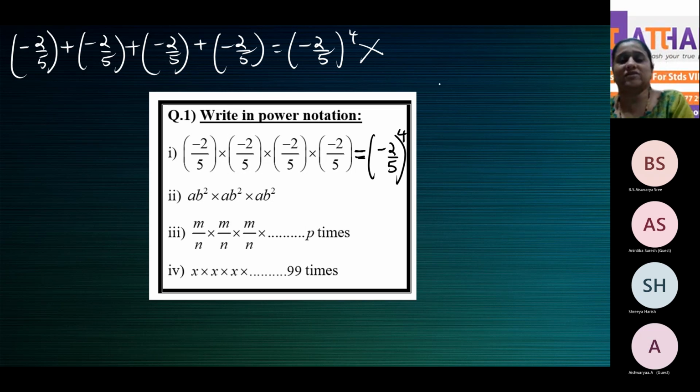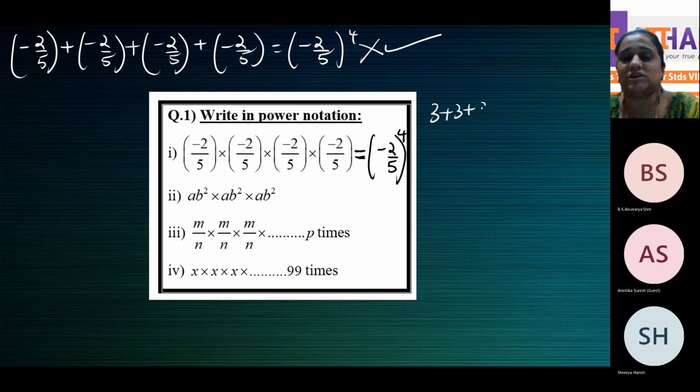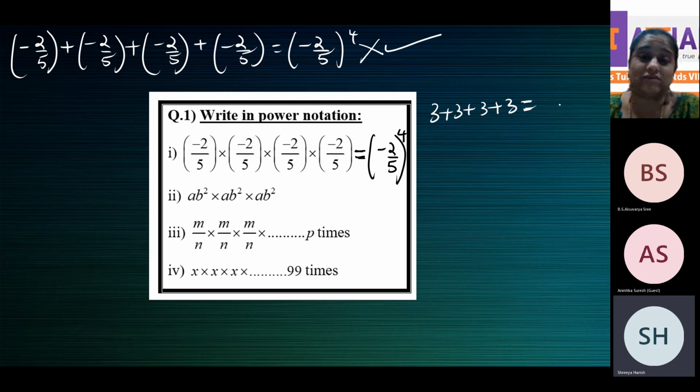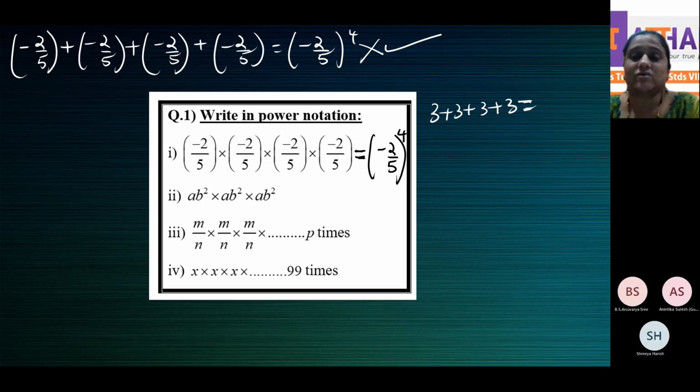Okay, so if I ask you this question, with the help of this, you can answer this one. Now, what is 3 plus 3 plus 3 plus 3? Don't say 12. I don't want that answer.